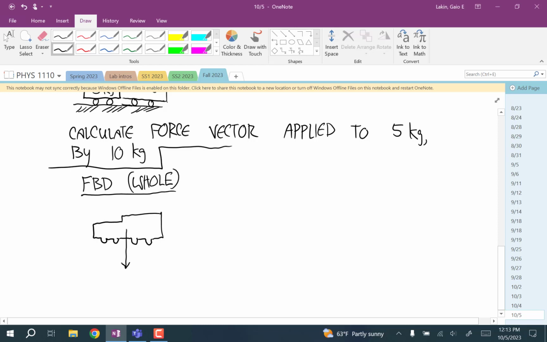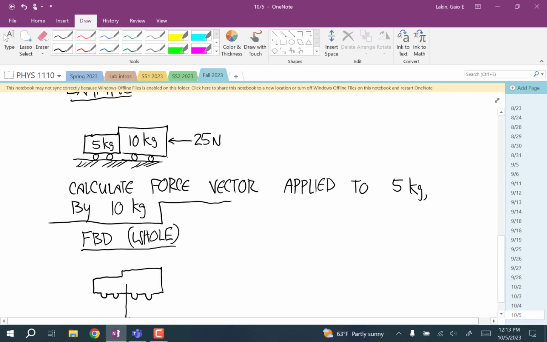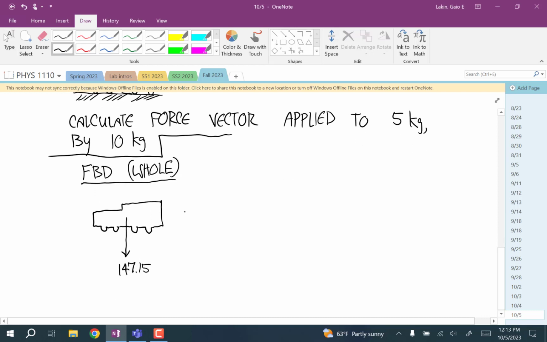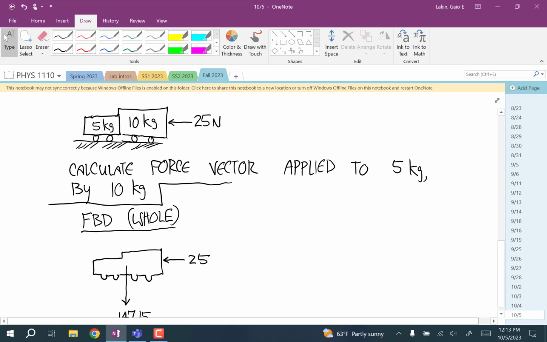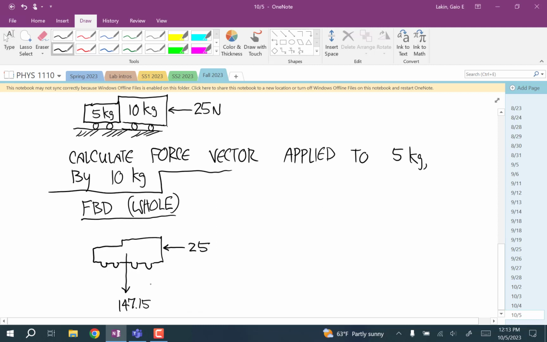So 15 times 9.81 is 147.15. There's a 25 Newton force acting over here. And the only other place the surroundings contact this boundary is the pushing force from the ground.